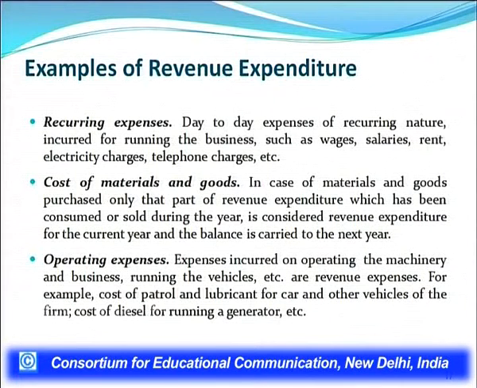Then operating expenses. We need to operate the machinery, the business, vehicles, and in this operating process we have to spend some expenditures. For example, for machinery, the power and fuel to run the machinery, machine operators' expenses, lubricants, and some other spare parts which are to be replaced frequently. In the case of a motor vehicle, running the car or truck, there is the cost of petrol, diesel and lubricants.